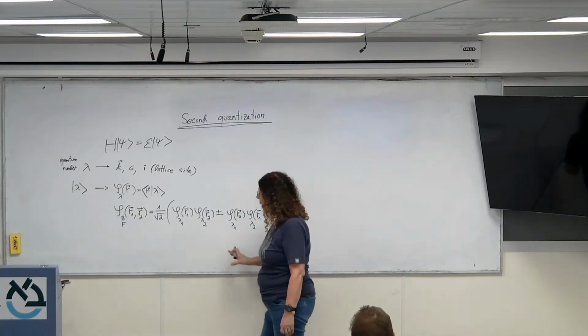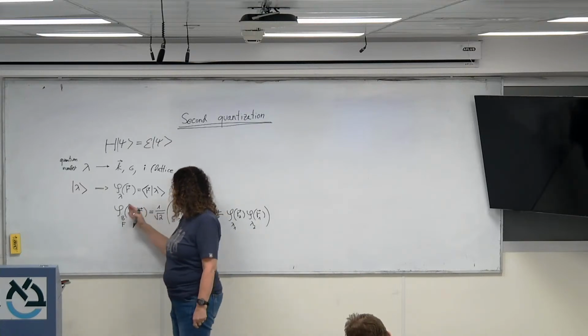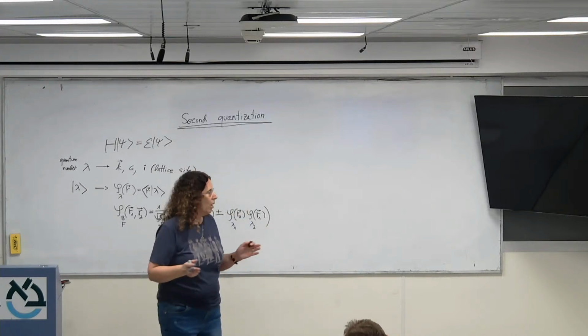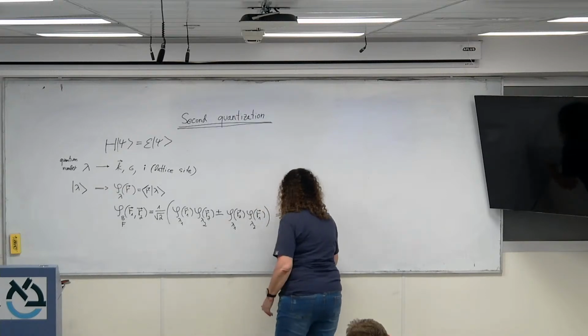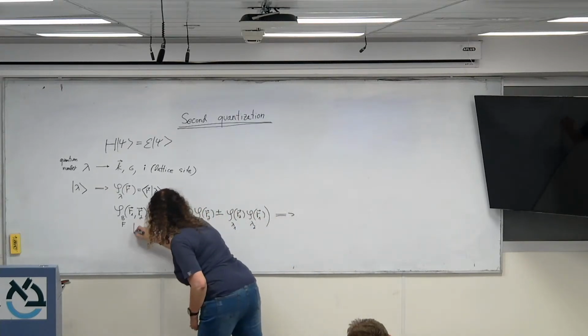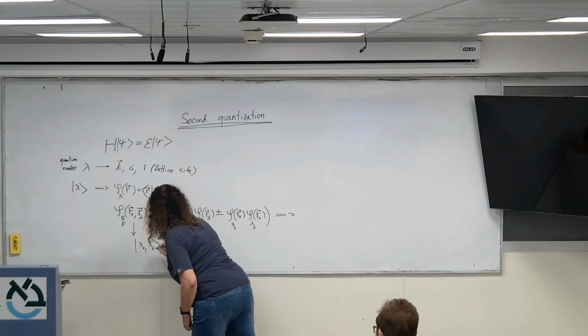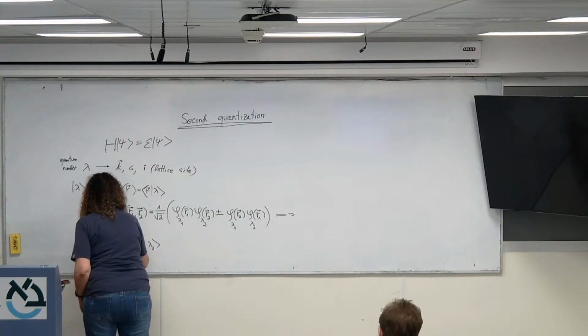We can also write the same thing without looking at the space dependence, just as a quantum state. We can represent it as a state lambda 1, lambda 2 that is an overlap with R1, R2.